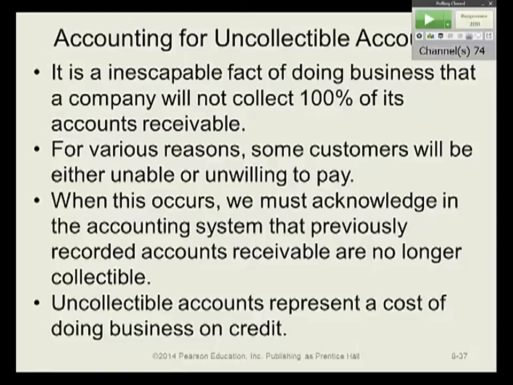If we think about some of the things that we've learned so far, trying to pull together concepts, if I said that credit sales increase sales revenue, right, that's a statement that I made, which is true. If you only offer cash sales, you're going to have lower revenue.